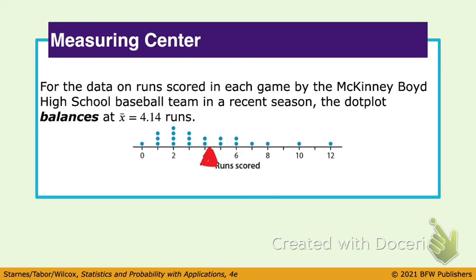If I put this balance point at 6, let's say I tried to balance it here at 6, what would happen to the distribution? It would go boop, right? It would fall down to the left because this is too heavy over here. So your mean is not always the middle of your x-axis.